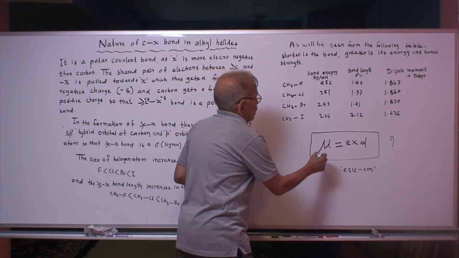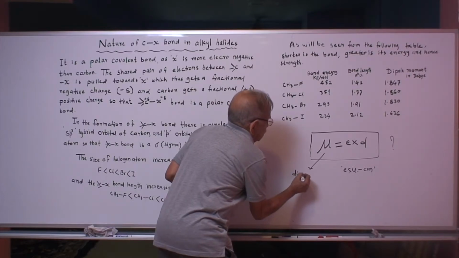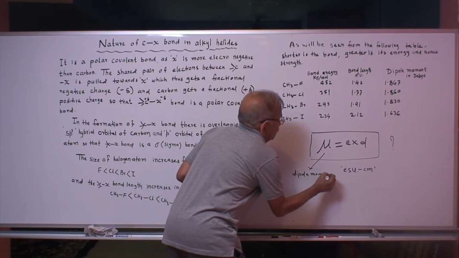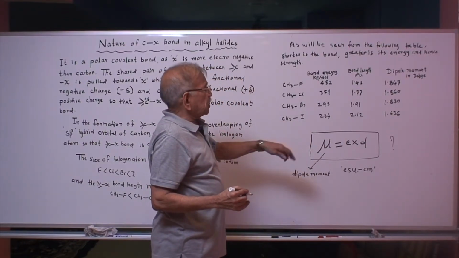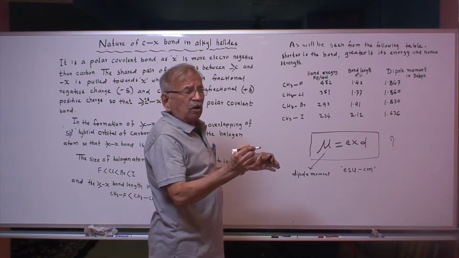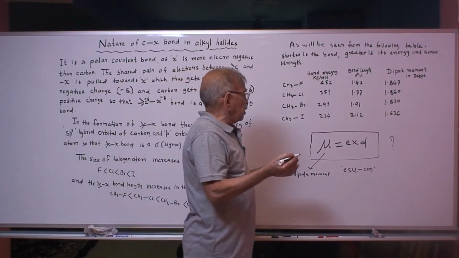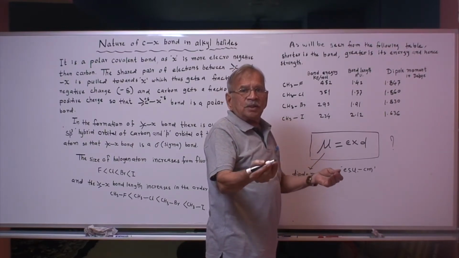This mu is the dipole moment. The charge contributed by all the protons is the same as contributed by all the electrons. Why? Because the molecule as a whole is electrically neutral.